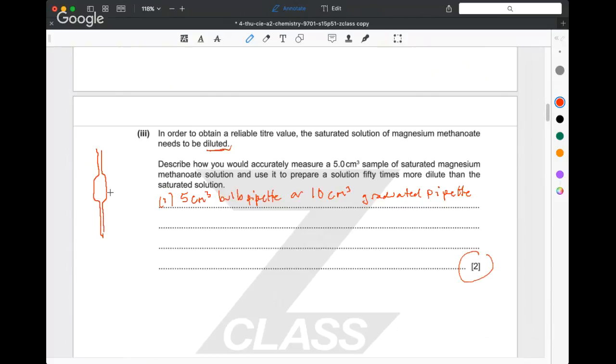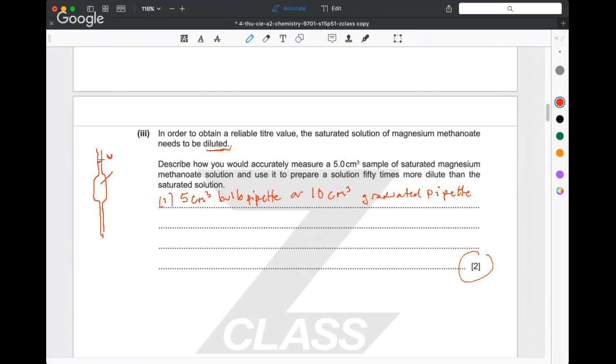You can draw up the liquid into that bulb, and it has a little line up here. When your meniscus, that's the shape of the water surface, is just touching the line, then the volume that you've got in this whole pipette and its bulb is 5 centimeters cubed.